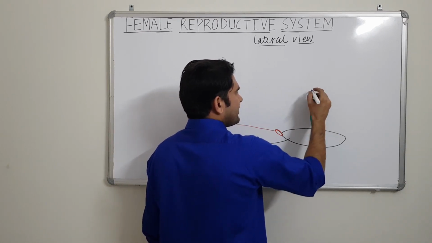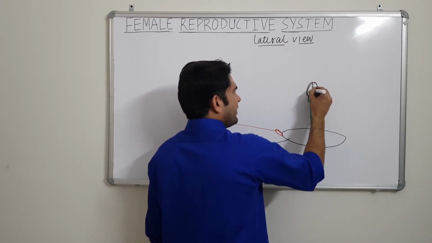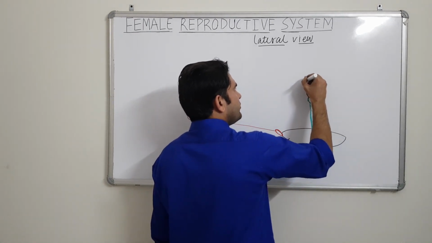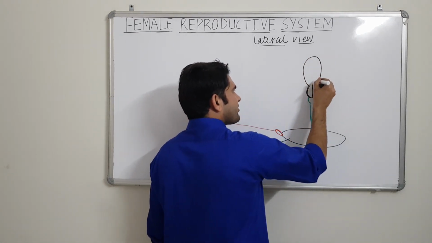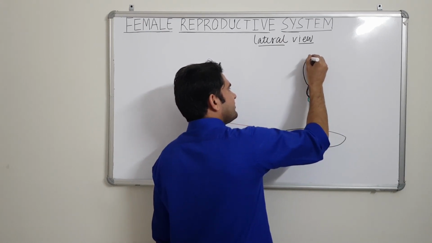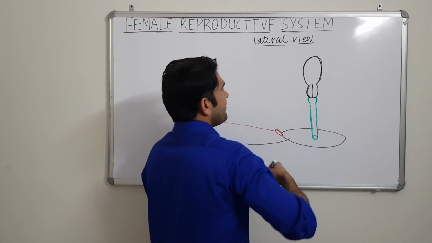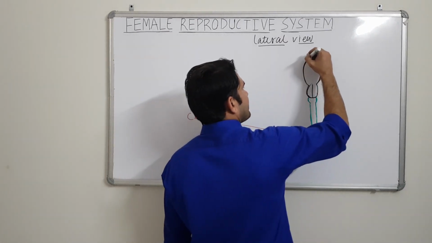Next to the vaginal canal there would be the cervical canal, and this cervical canal would eventually continue into an inverted P-like structure. What is that? This is the uterus.